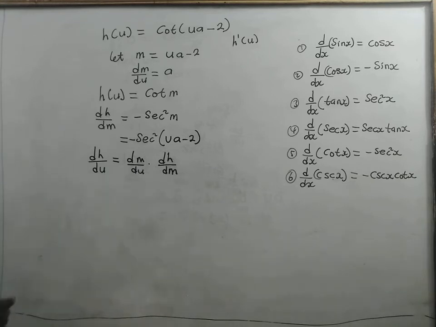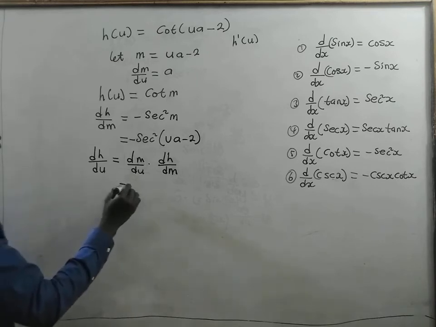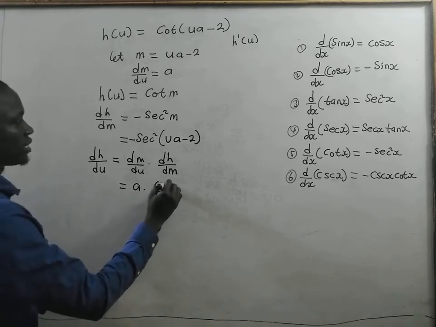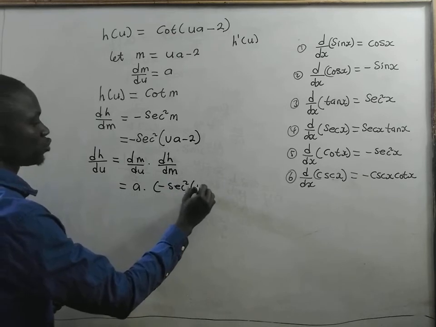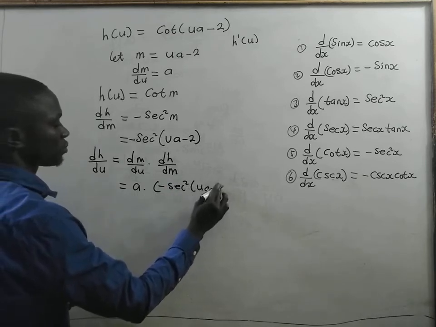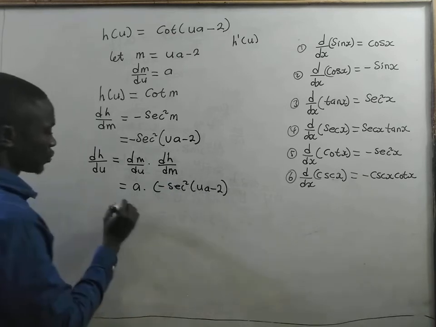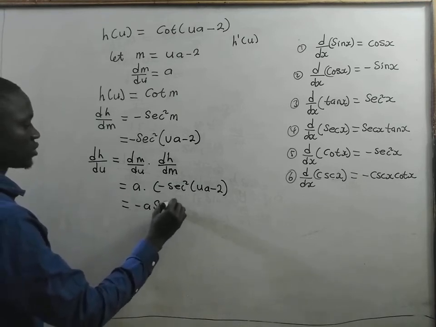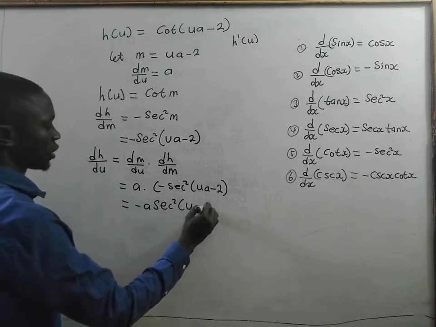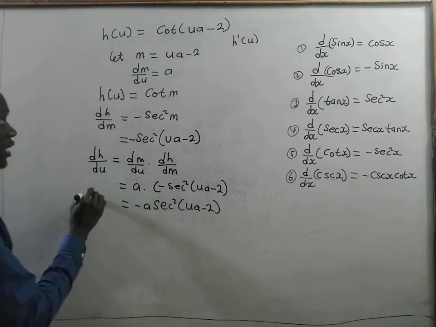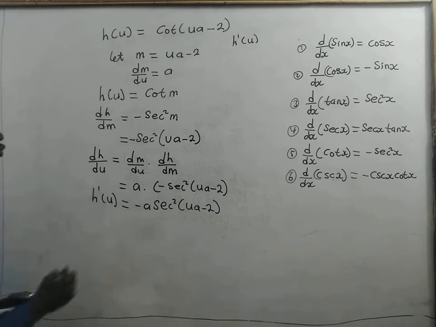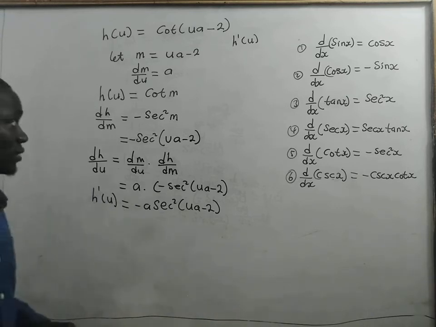That's correct. So here we are going to have a times negative secant squared of ua minus 2, which is equal to negative a times secant squared of ua minus 2 as our h prime of u. Very, very simple as that.